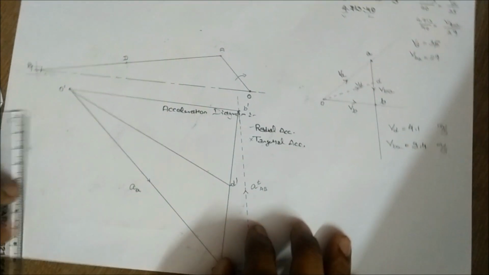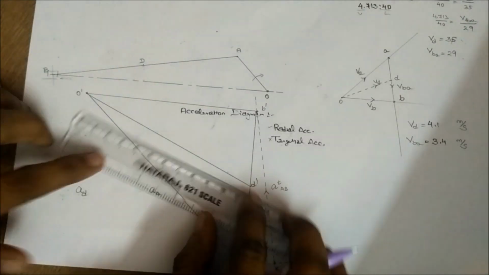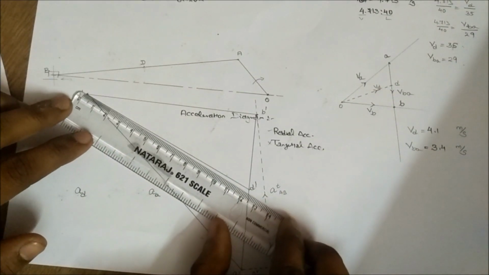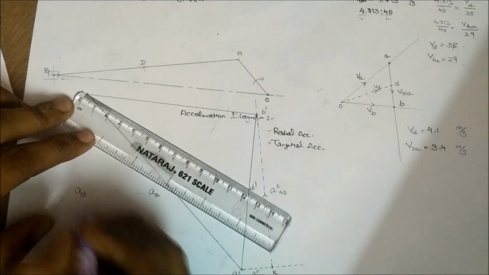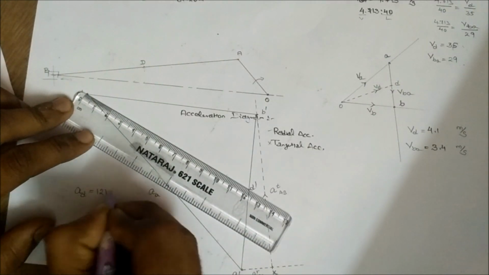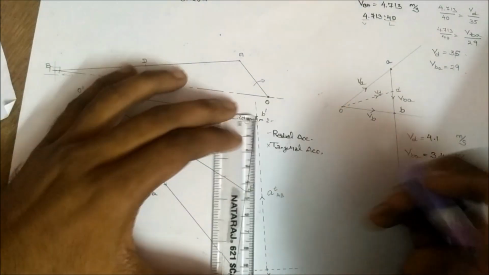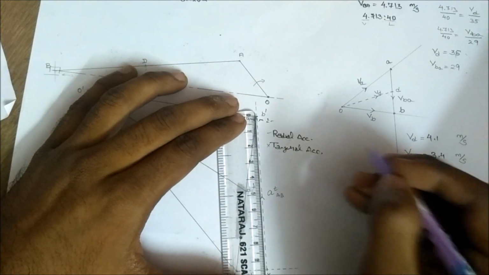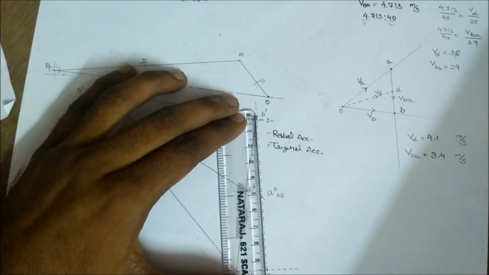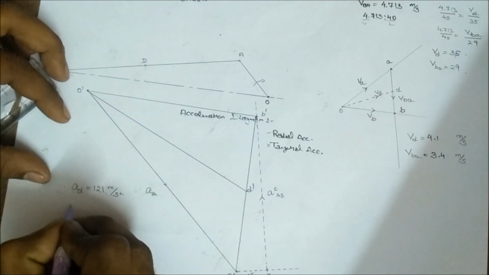So we will write it out here. Acceleration of D is 121 meter per second square. And here we are going to calculate the tangential acceleration, so that we will find out the angular acceleration. This is about 95.